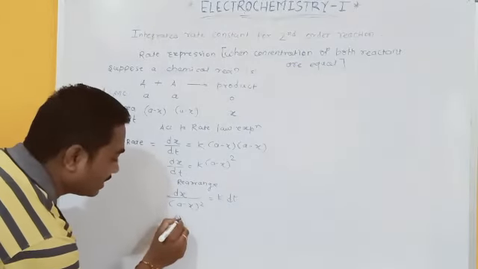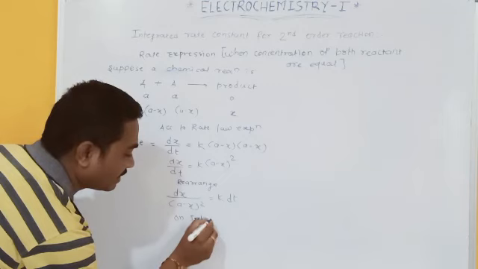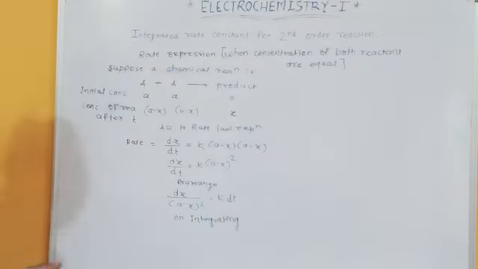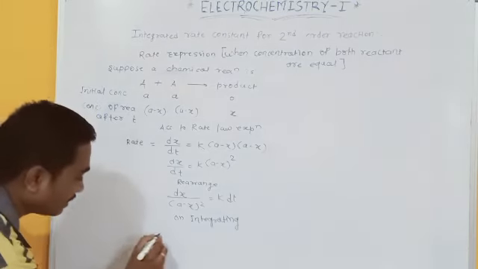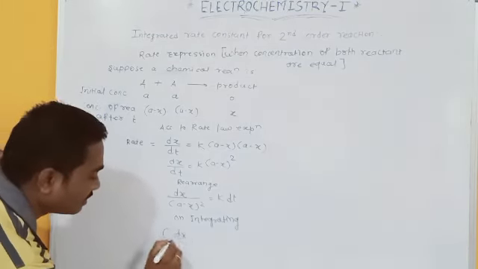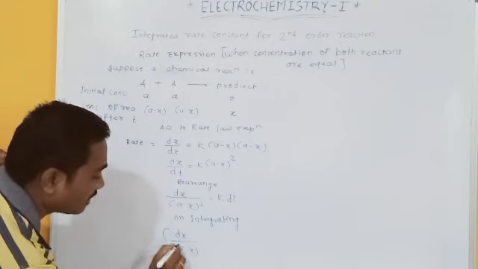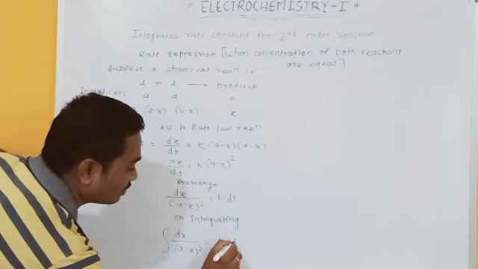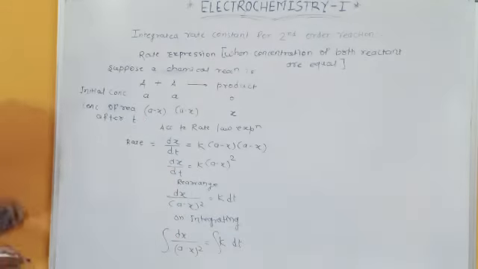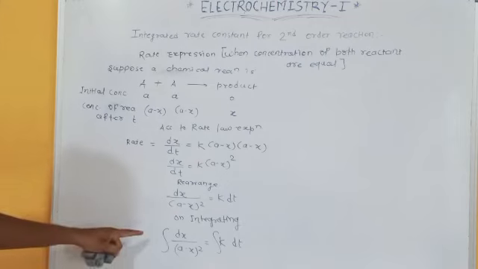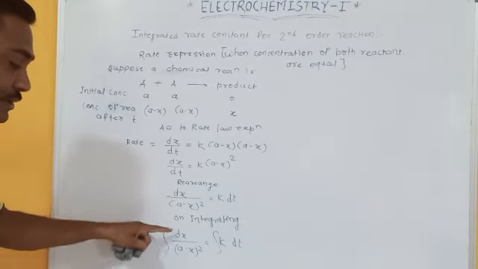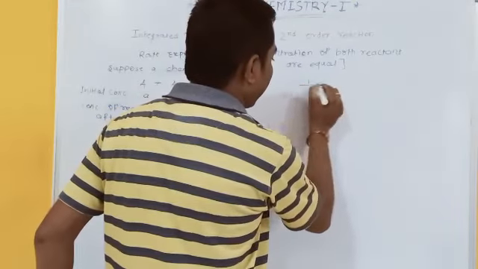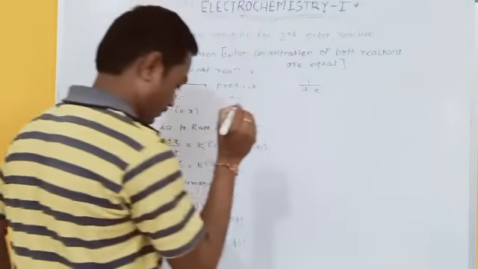Now on integrating the above equation, integration of dx divided by (a minus x) square is equal to integration of k into dt. The value of the integration of dx by (a minus x) square will become 1 by (a minus x).